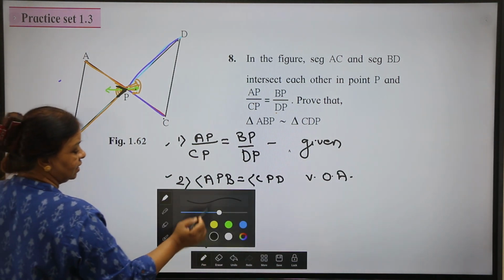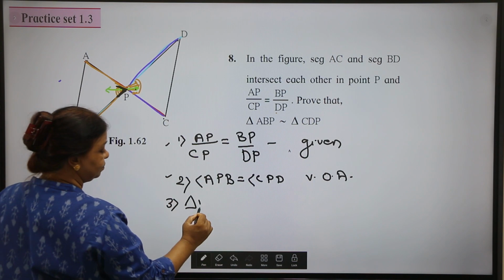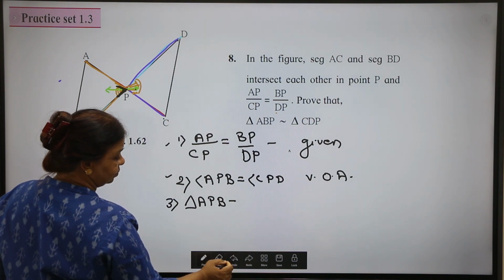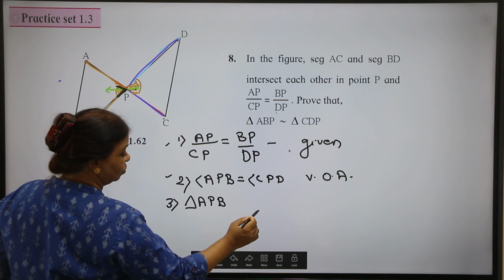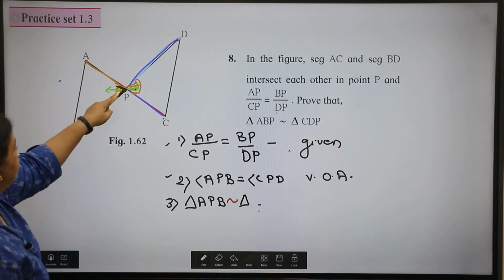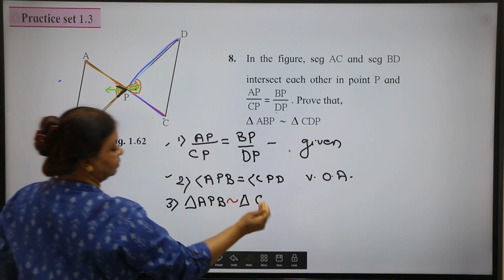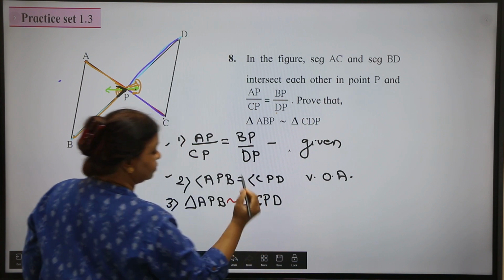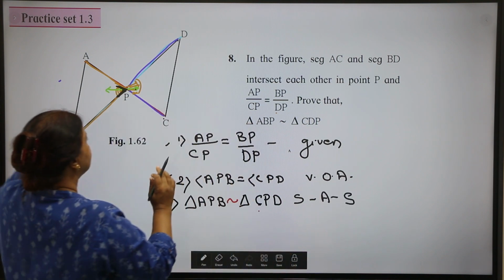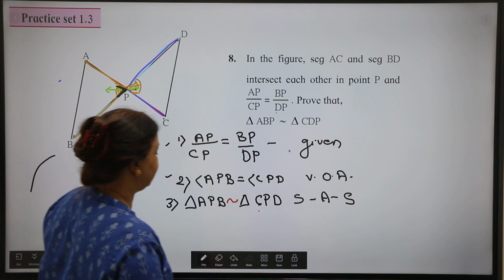So we can say that in the third statement, triangle APB is similar to triangle CPD by side angle side test, because one side ratio is equal to other side ratio, and in between those two ratios one angle is equal. So side angle side.